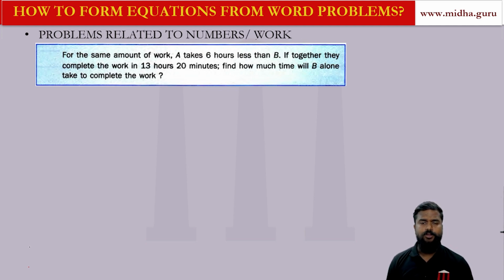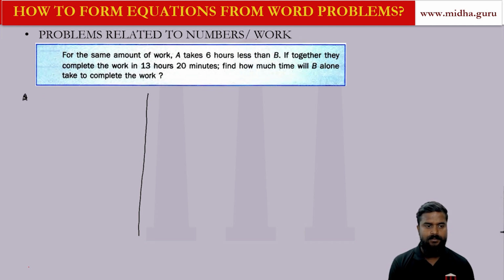I'll show you how. Before we begin, there are a few statements we need to write to arrive at this equation. We'll treat the complete work as one unit of work. Let's say to complete the work, A takes X hours.